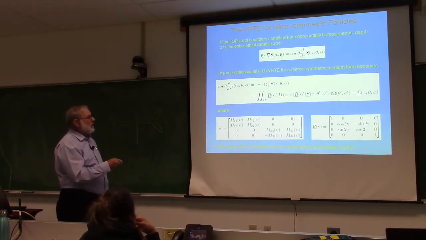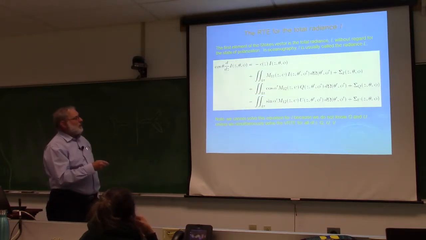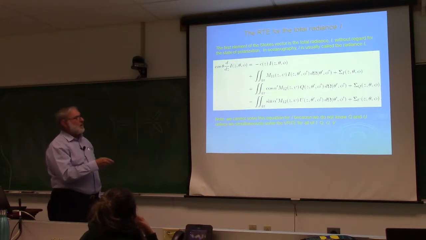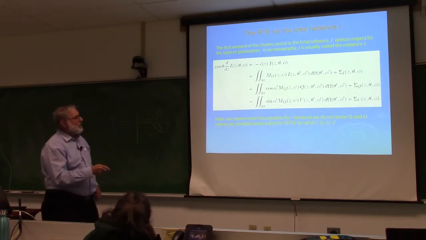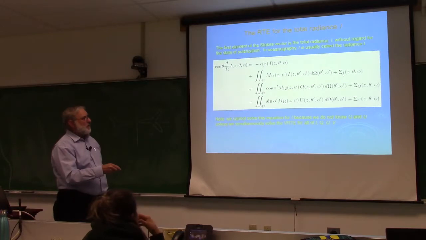So if I'm only interested in the 1,1 element here, the unpolarized radiance, then okay, there's my c times I, and in this class we usually call I, L, the radiance, as opposed to just the I element there. But then we pick up the M11 term times the unscattered, and then a source term for the unscattered part.